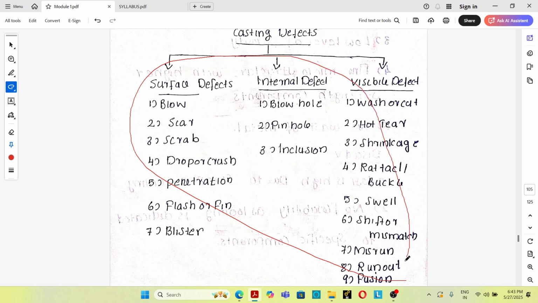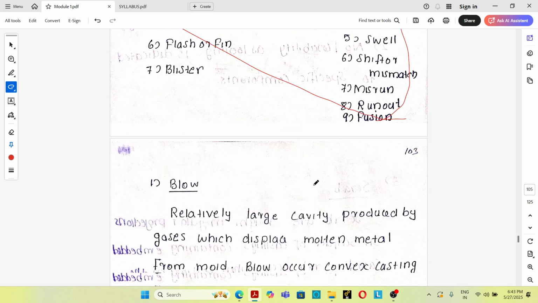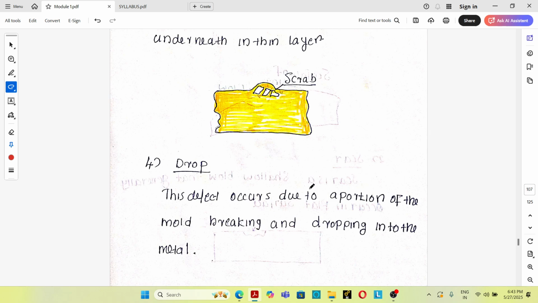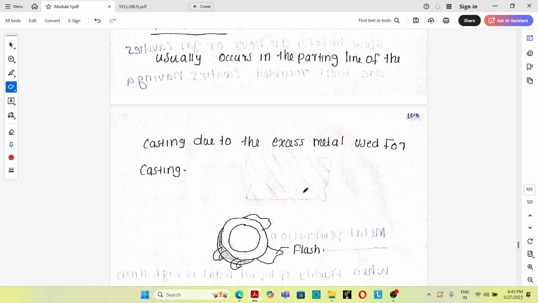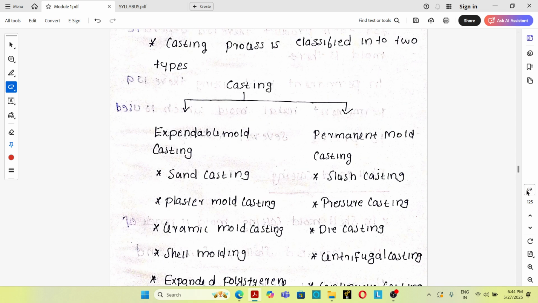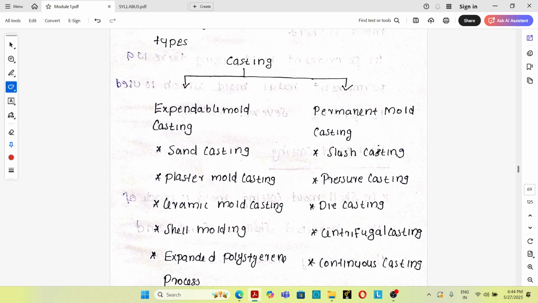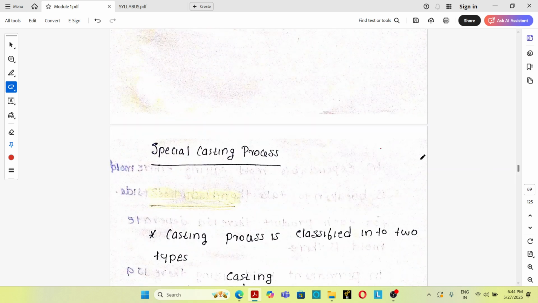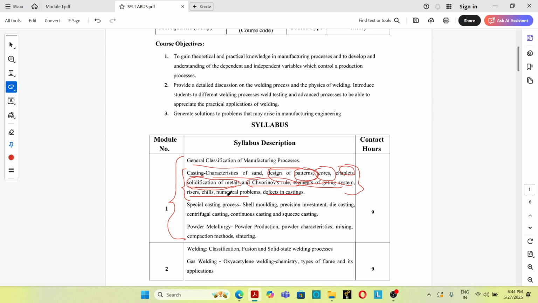It's a very important topic, defects in casting. You have to understand all the types of defects in a casting process. So these are the main topics in the casting process. It's a very important section. There will be some questions in this part.